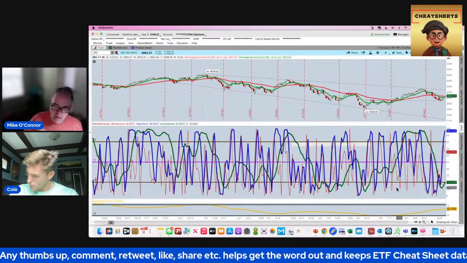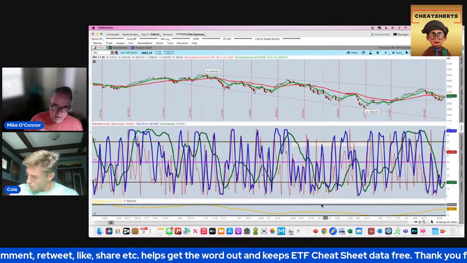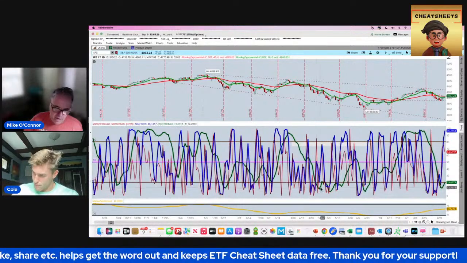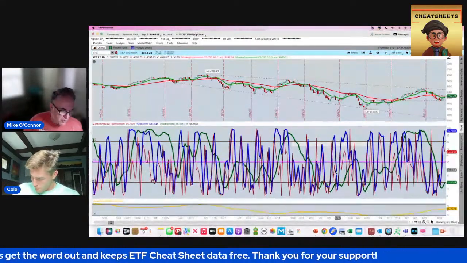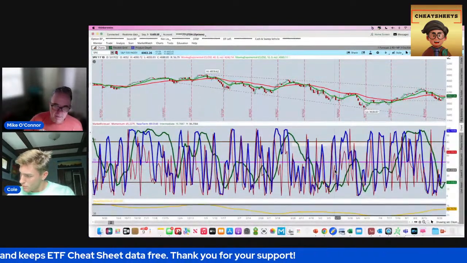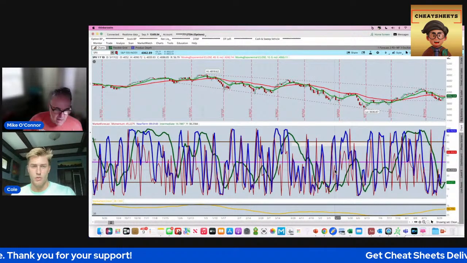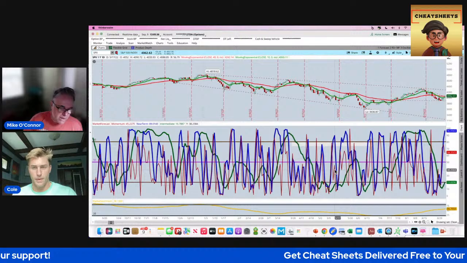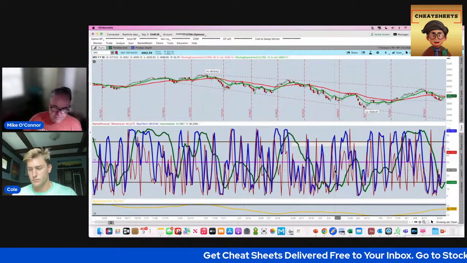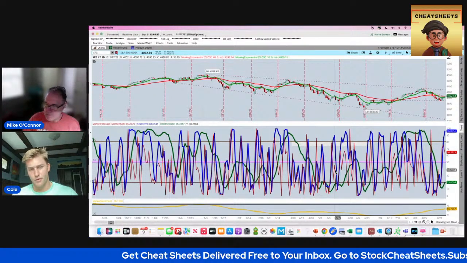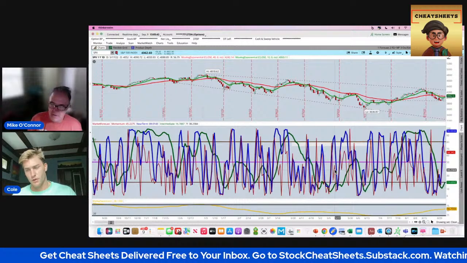We very much care about the stage for those, the gold line and the green line, but we care more about extremes: the extremes for the blue line, above and below 80 and 20; extremes for the red line, above and below 90 and 10, or 95 and 5. Got it. Okay. And this is where we start getting into some signals.